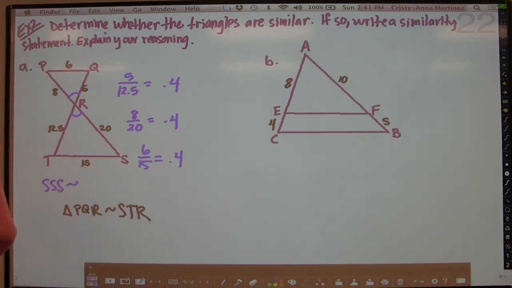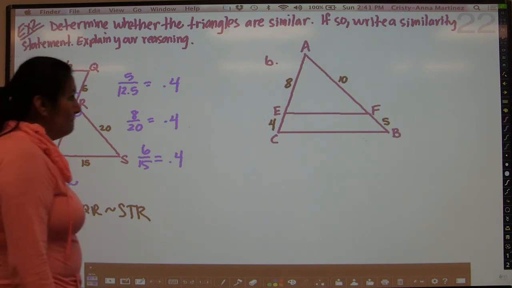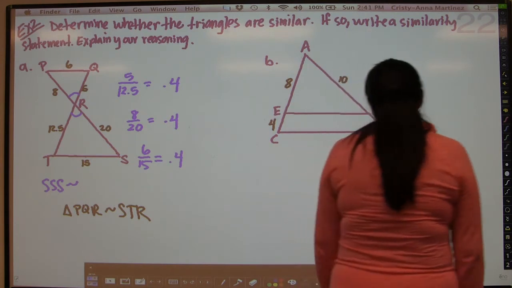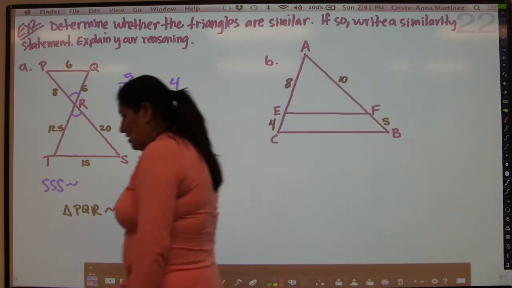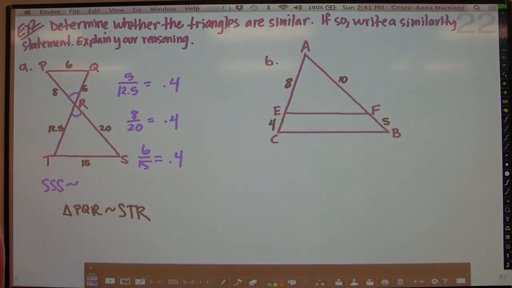They have to be in the right order, because if you don't put them in the right order, then we're going to have some problems. So PQR is similar to STR, and I think that's it. They don't ask us for the scale factor, but the scale factor is 0.4 if they had asked. All right, then we're going to go on to part B. I thought maybe I had missed something on the diagram as far as parallel, but I have not.